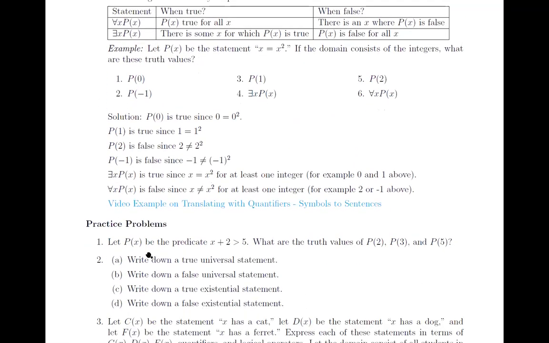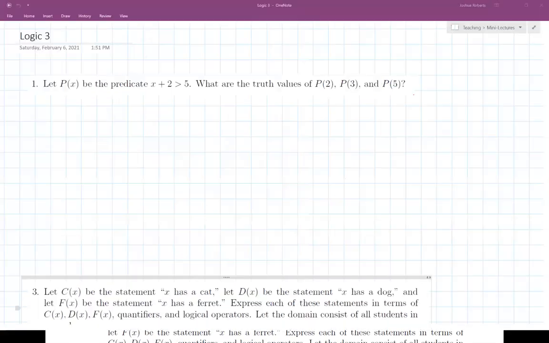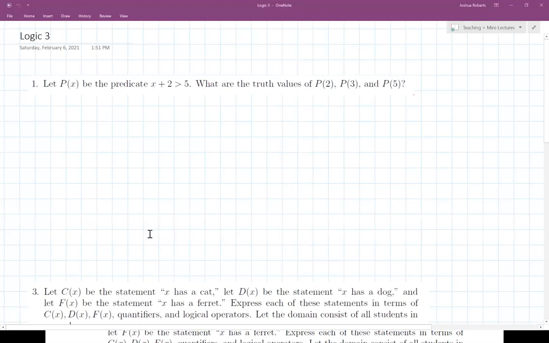And now I want to do a couple practice problems. So I want to do this example right here. And again, these are drawn from the practice problems, so I'm not going to do every single problem here. I'm just going to do some of them. I'm going to do this for P of 3. So P of X is the predicate X plus 2 is greater than 5.